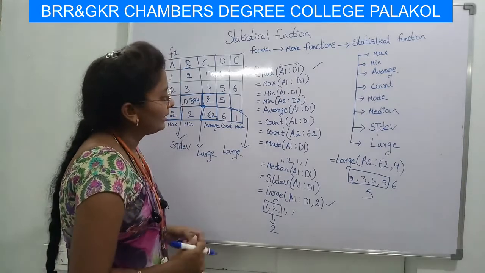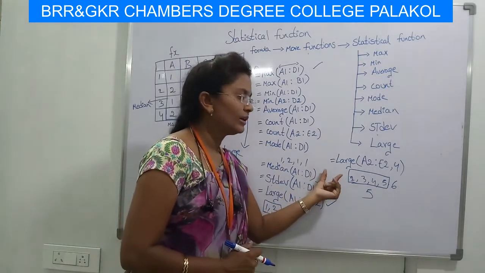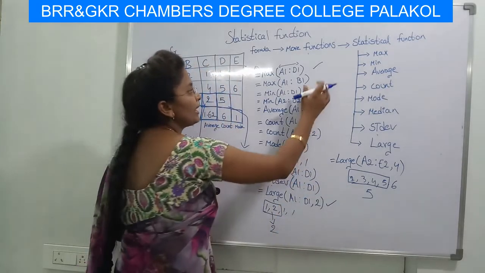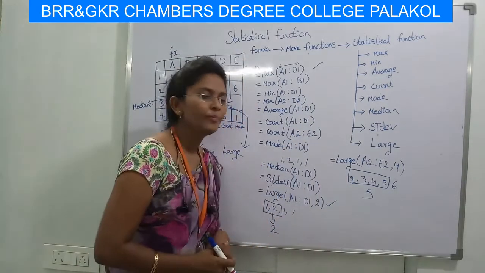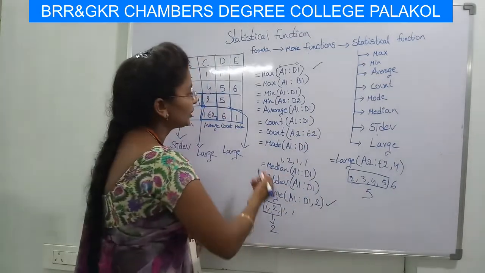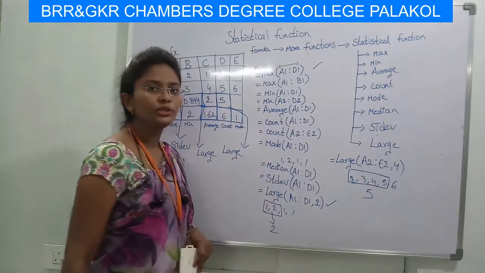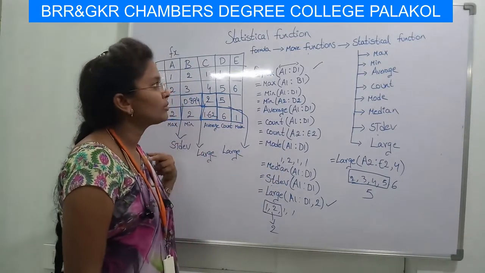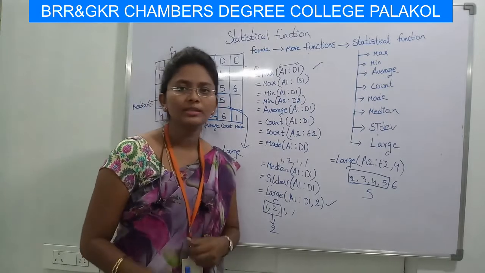The difference is for the large formula only. There is a difference between maximum and large, and the remaining formulas are the same, but the function name should be changed for each and every function. These are the different types of functions involved in the statistical group.